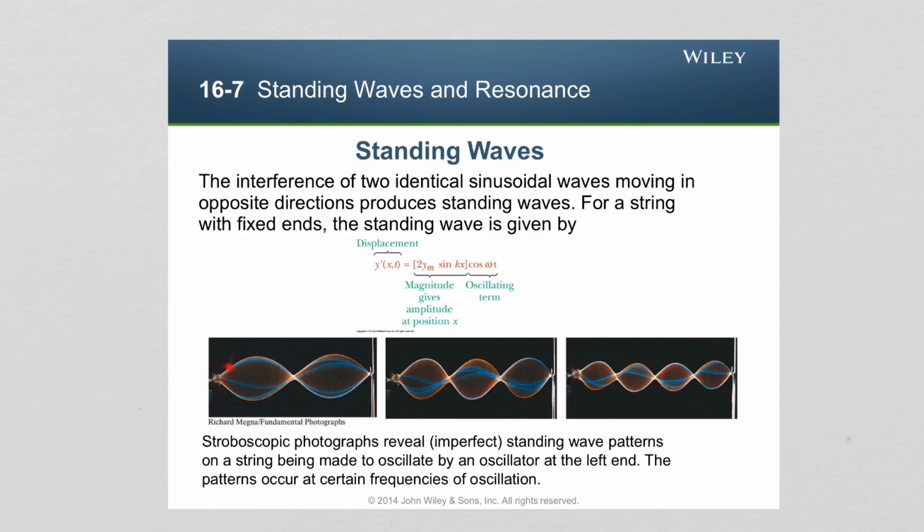We have one wave that travels down the rope, and then the rope is attached at the right end here. The wave reflects, travels to the left, and so when the two waves meet along the rope, they interfere in a constructive interference in some places and destructive interference in other places. And then this type of pattern is formed, and this pattern does not change in time.